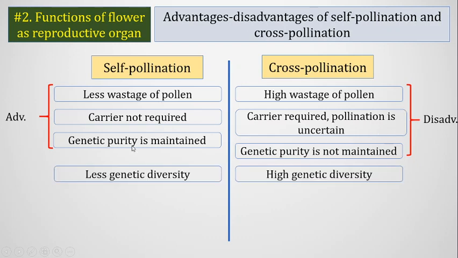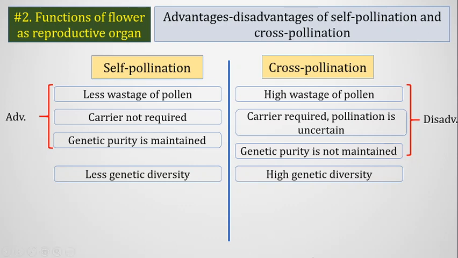Also, when we consider other features, in self-pollination there is less genetic diversity, because the offspring will be identically cloned from the mother plant, so there will be no genetic difference between the mother and the offspring plant.